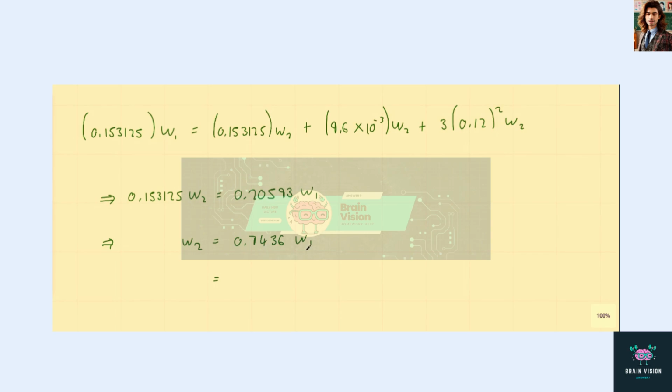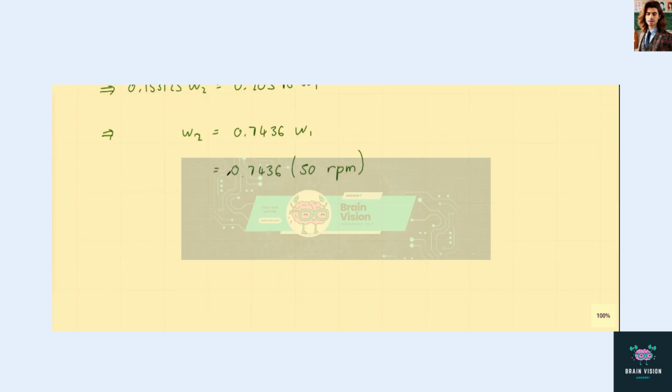And omega 1, the initial angular speed, is known. So this is 0.7436 into 50 revs per minute. And hence, we have found the angular velocity in state 2, omega 2, to be 37.2 revs per minute as required.